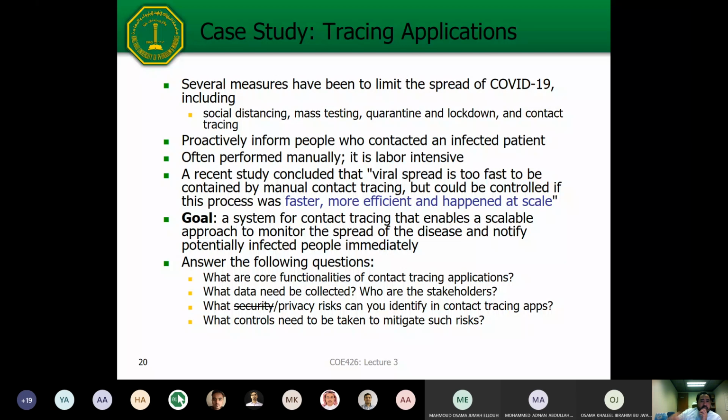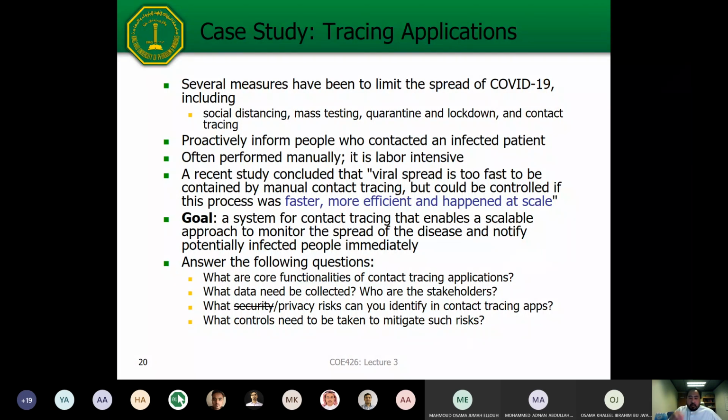So it's a very labor-intensive process. So the solution is to use technology. Can't we have a way to contact all the individuals that came in contact with this positive case and their contacts, to a certain level of degrees?